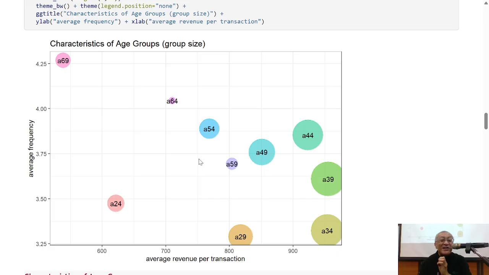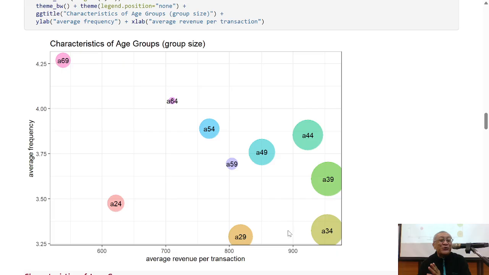Okay. So as you can see, it seems to have a negative correlation between buying frequency and average amount, right? The people who buy more frequently tend to buy less amount, right?